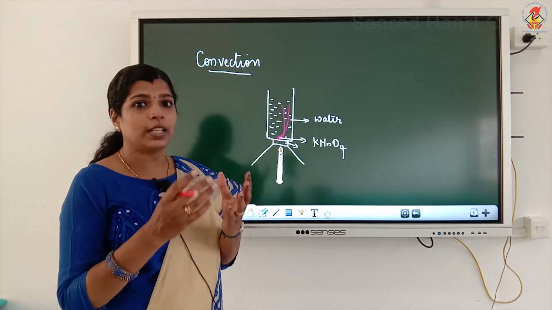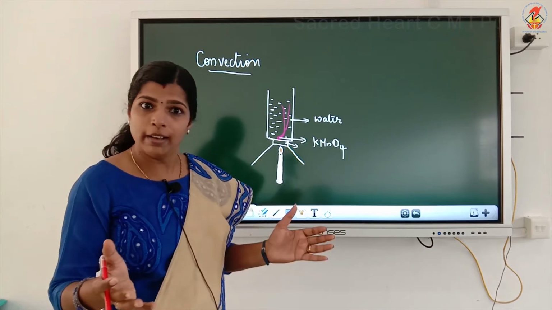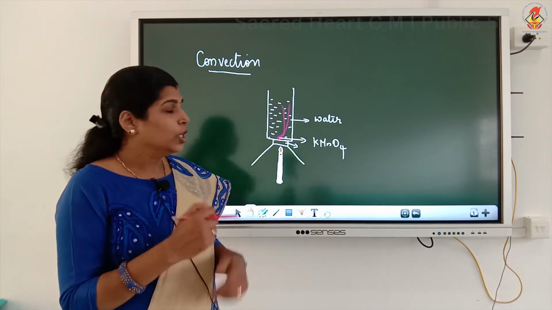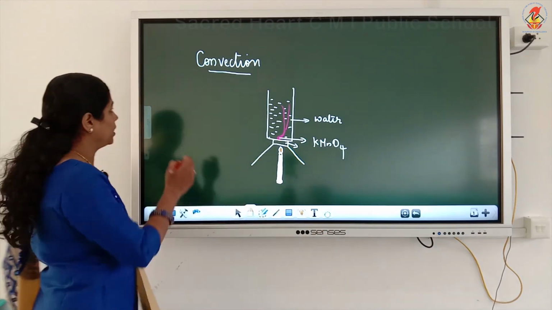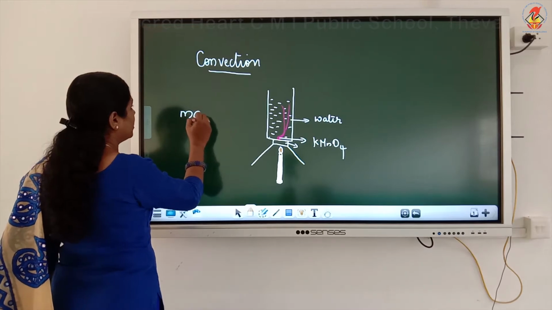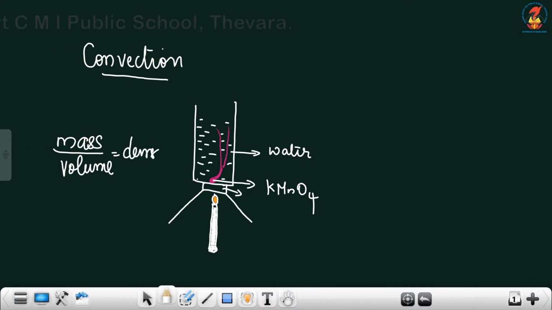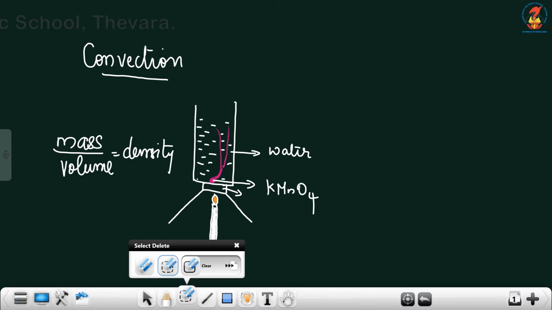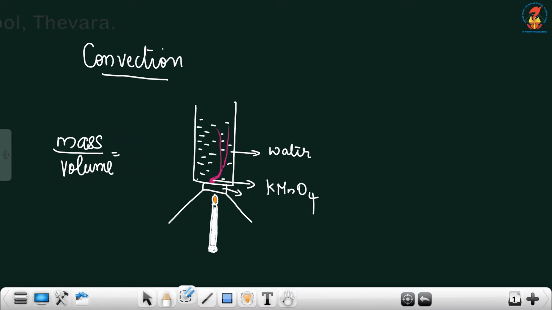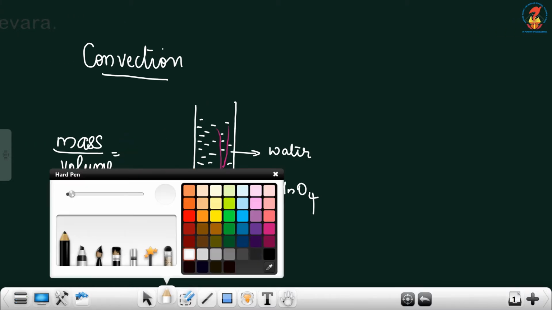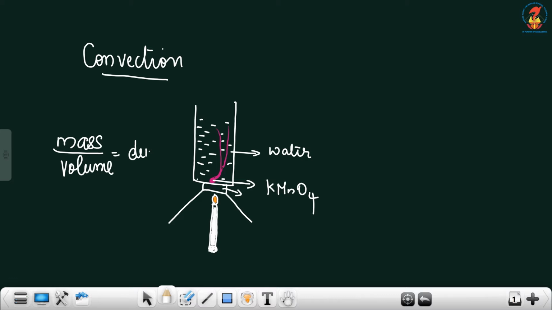Mass per unit volume is a physical quantity known as density.